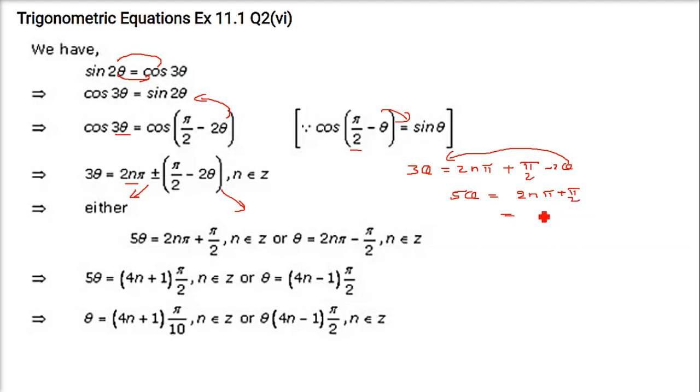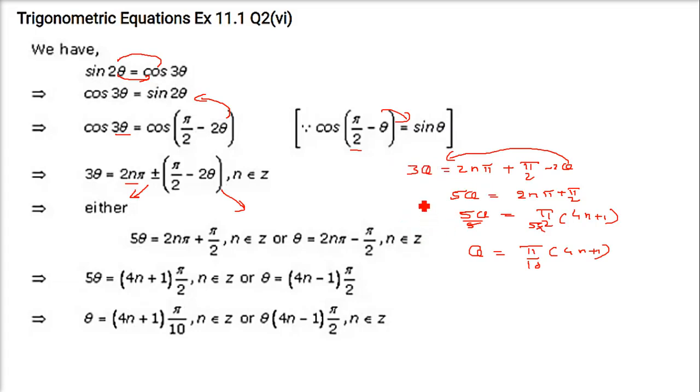So when you take pi by 2 common, 2 will come here. So it will be pi by 2 and 4n plus 1. Now divide both sides by 5. So theta will be equal to pi by 10 and 4n plus 1. This is your solution.